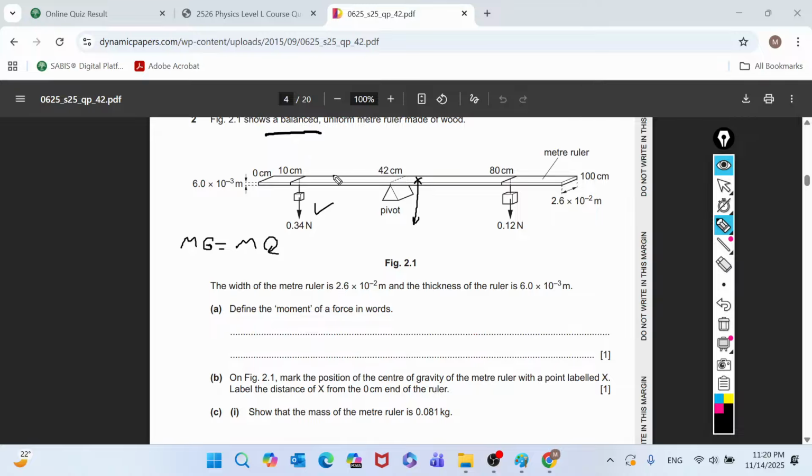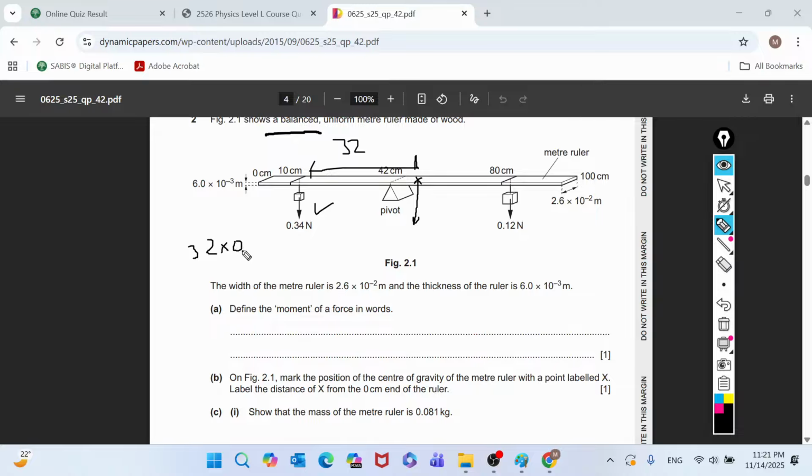So 0.34 times this distance, which is 32. There's no space in this past paper. I'm going to erase it. Okay, this is 0.32 meters. You don't need to convert because the meters are going to cancel out. So 32 centimeters.